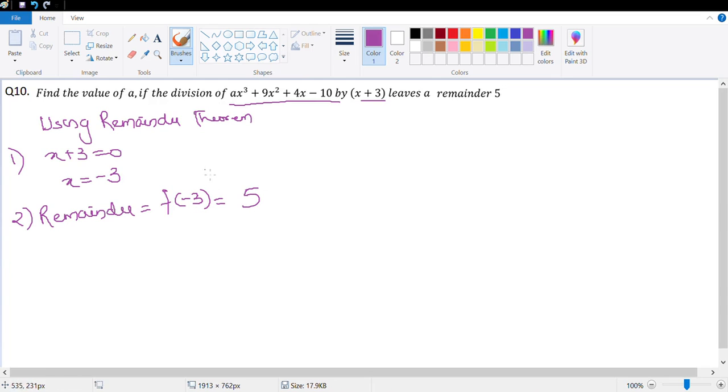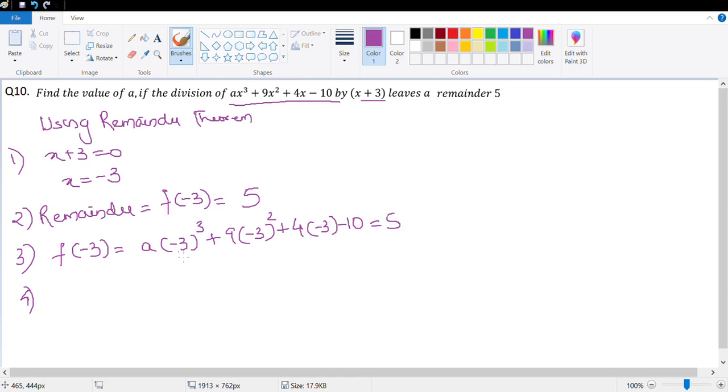Let's substitute the value of x is equal to negative 3 and let's figure out. So f of negative 3 will be equal to a times negative 3 cube plus 9 times negative 3 square plus 4 times negative 3 minus 10, and this value should be equal to 5.